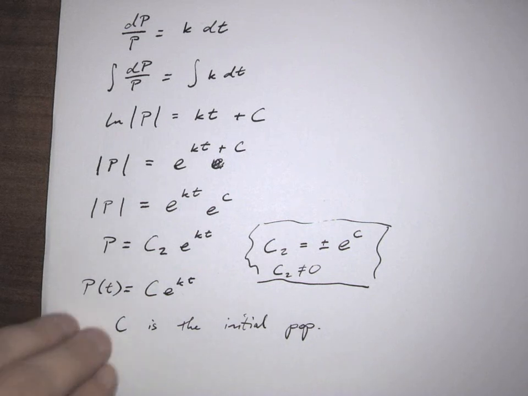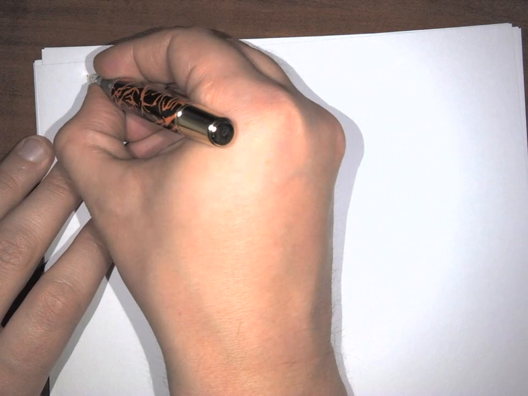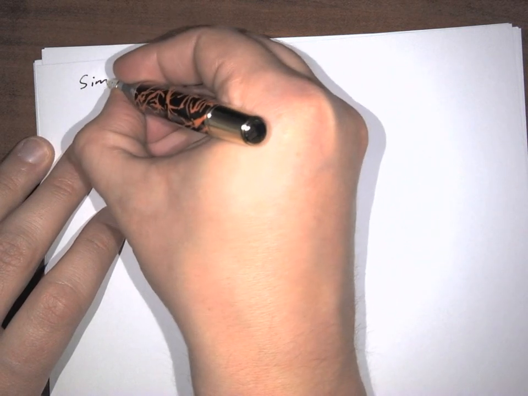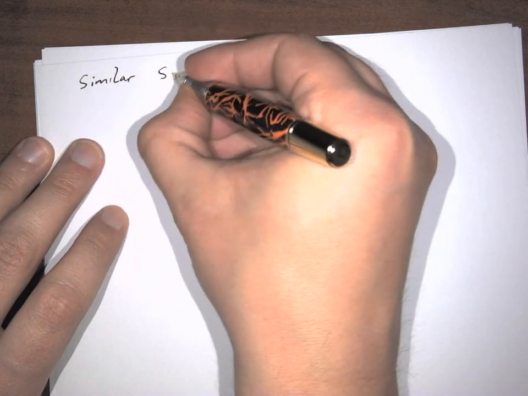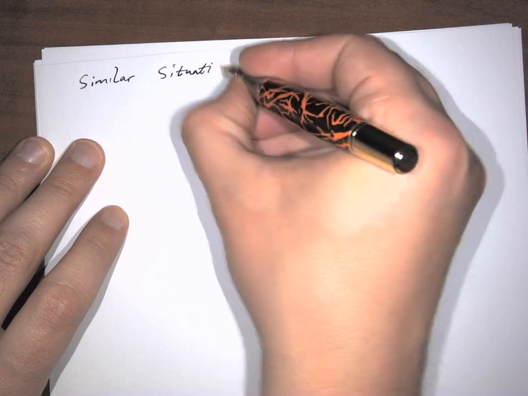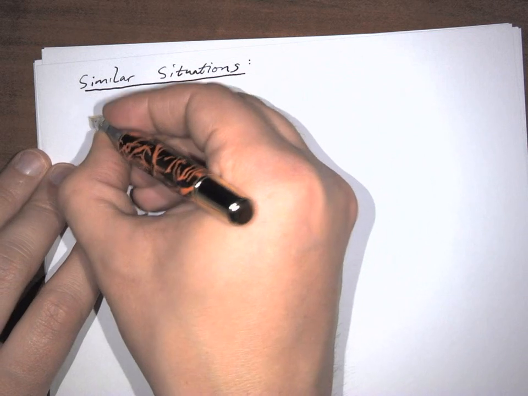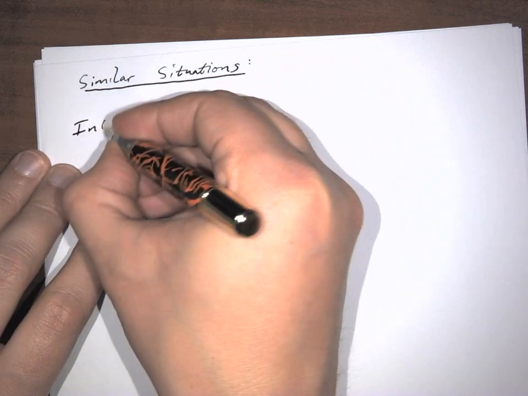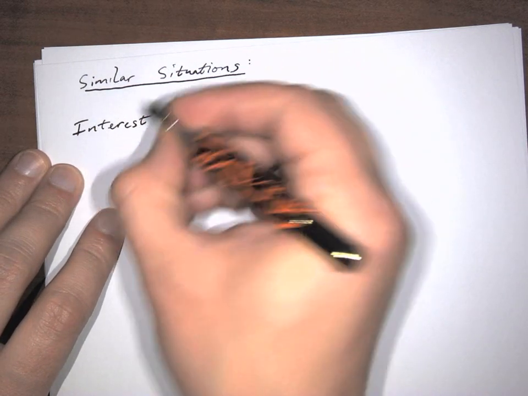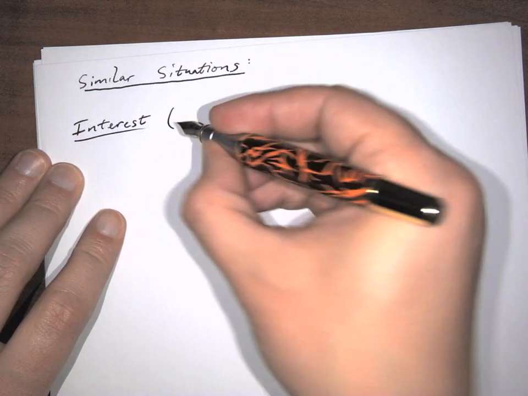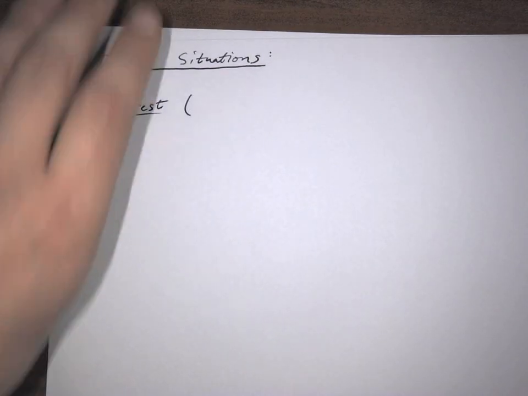But by the same token, we actually have a whole family of very similar situations. So similar situations would involve, for example, interest, in particular, interest that is continuously compounded.